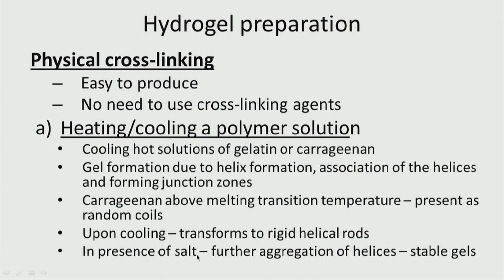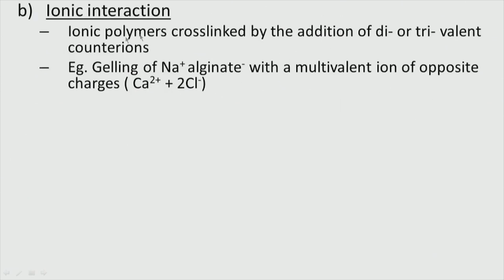When you have salts present, of course, they can aggregate and form very stable gels, because the salts will have both cations and anions. So, they form very strong bonding. Another approach is ionic interactions. Ionic polymers are cross linked by the addition of di or trivalent counter ions. So, I could add calcium 2 plus, for example.